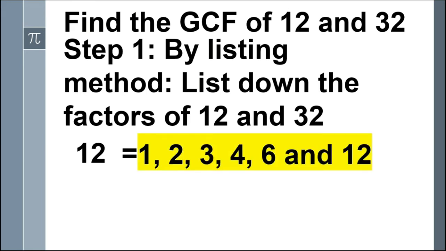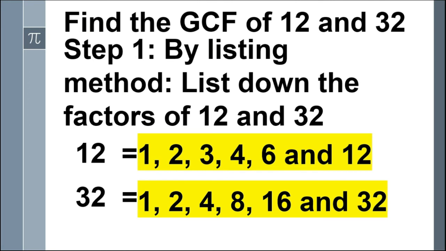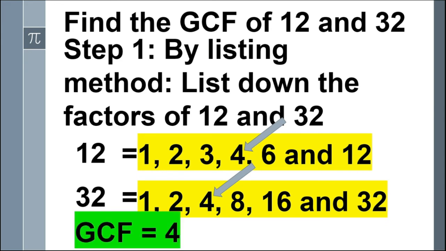Kung nilista nyo, yan ang factors ng 12: 1, 2, 3, 4, 6, and 12. 32 naman. Factors niya, 1 times 32, 2 times 16, 4 times 8, at kapag nilista nyo, yan, 1, 2, 4, 8, 16, and 32. Then, piliin ninyo yung GCF niya. So, ang GCF niya ay 4.